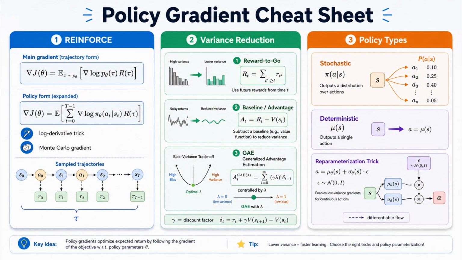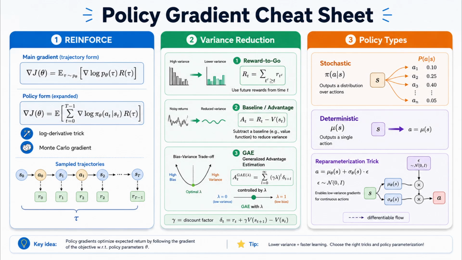Summary. All right, let's bring this home. We started with a deceptively simple question. How do you optimize a policy when the environment is a black box? The answer is the policy gradient, and specifically, the log derivative trick that lets us turn an intractable integral into a Monte Carlo estimator we can compute from experience.